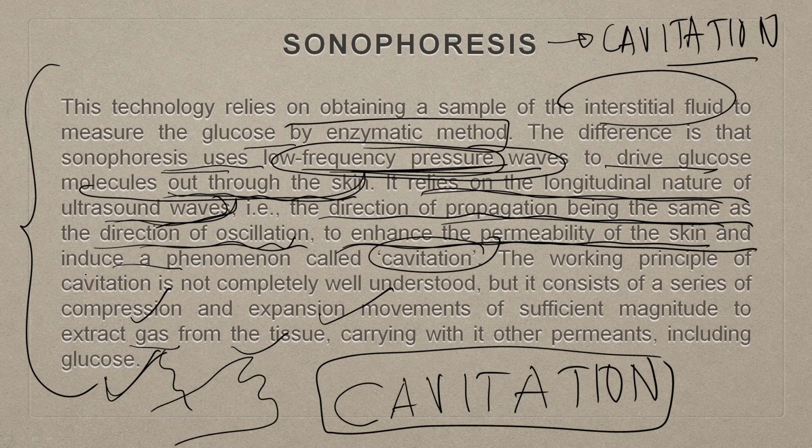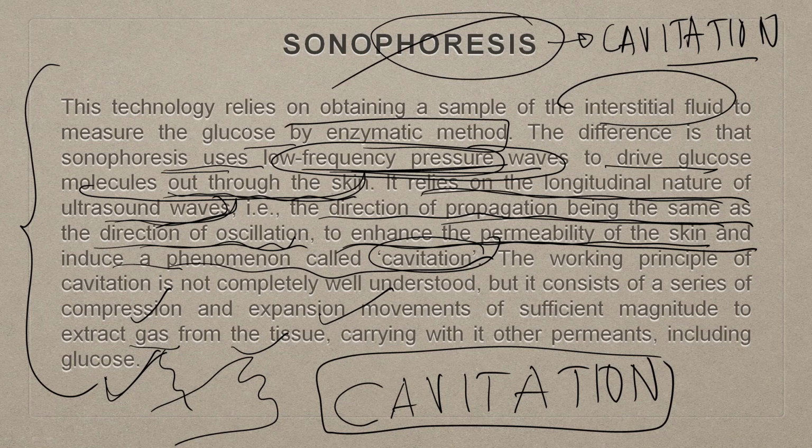So, skin permeability increases, inducing a phenomenon called cavitation. You are completely changing the cavities or the pore size of the skin. So, in a way, you are changing the diffusion potential from the skin by using this process. And since you are changing the diffusion potential, there are glucose molecules which pop out. And that's exactly what sonophoresis does.